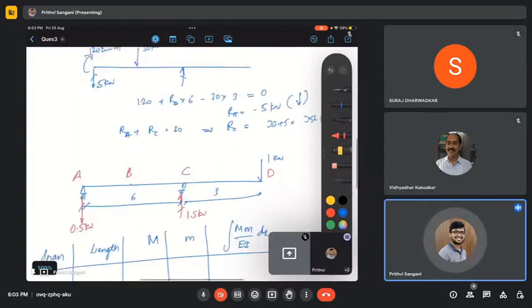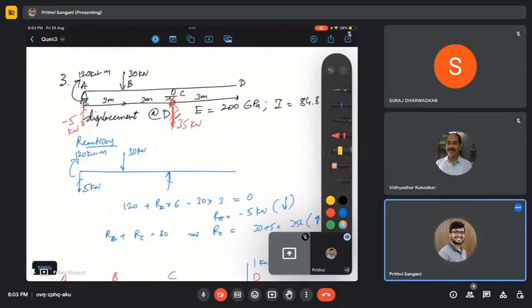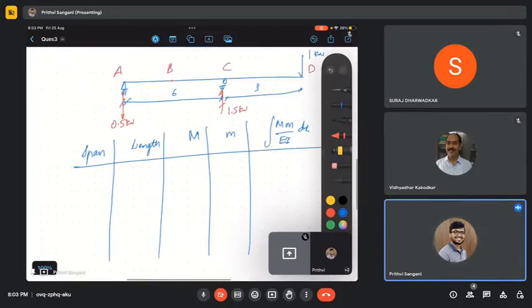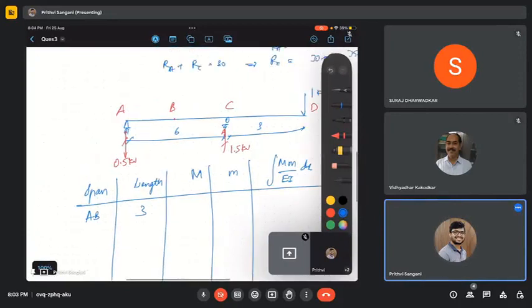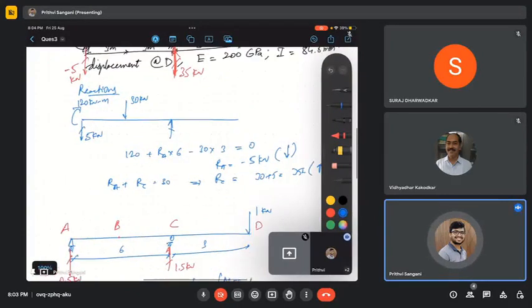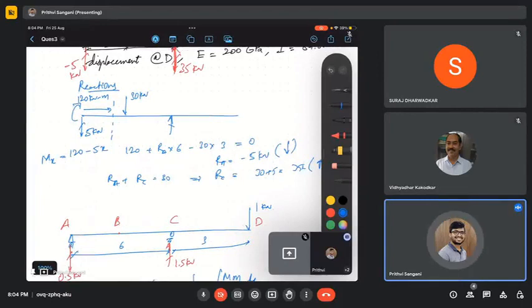First, let us take AB. Span AB, how much is the length? Length is 3 meters. What is capital M? Capital M is 120 minus 5 times x.